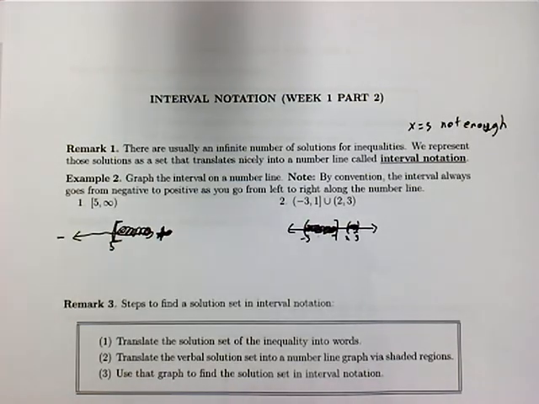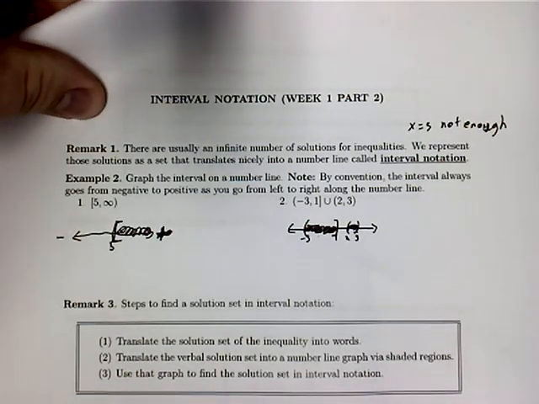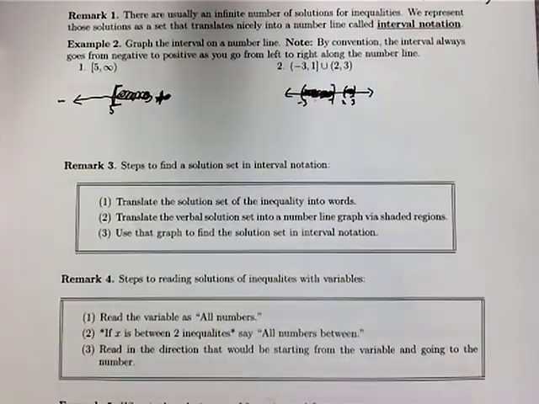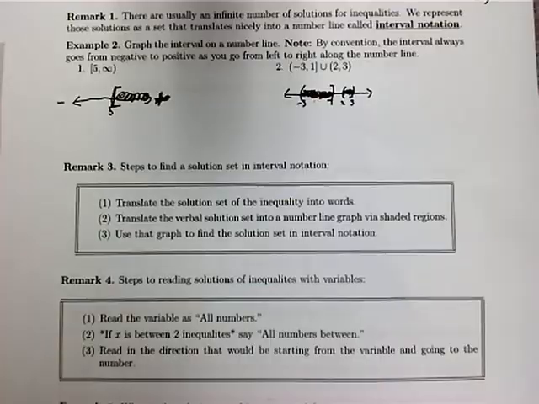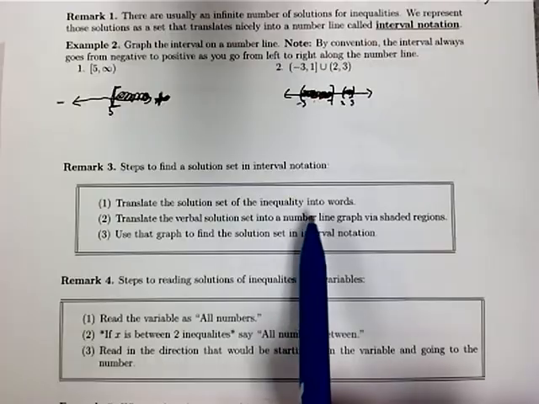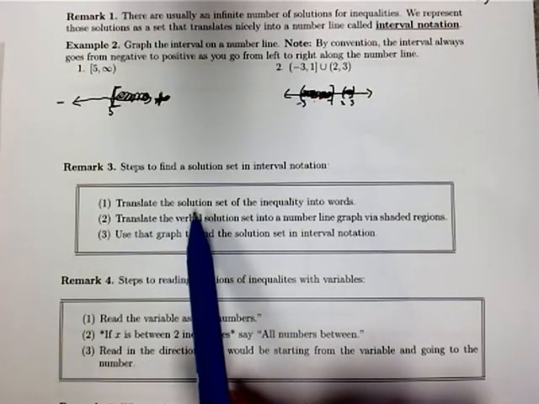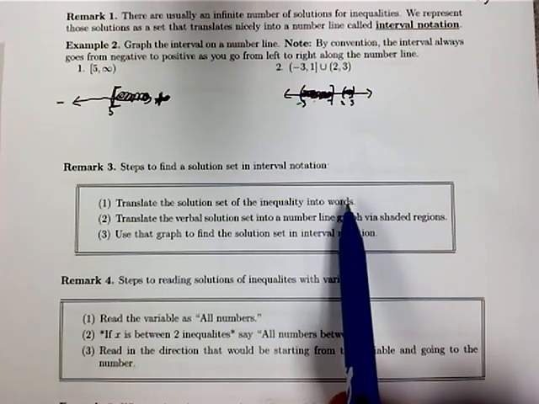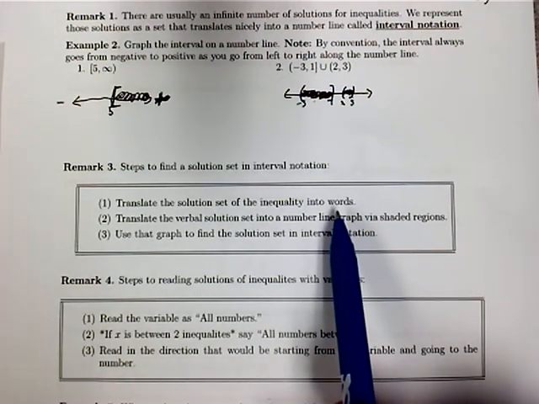So how do we write things in interval notation? That's a lovely question. There are 3 major steps, and we're going to go through all of these individually. The steps to find a solution set in interval notation: first, translate the solution set of the inequality into words. You don't have to actually write it out, though we will down here to be extra explicit.